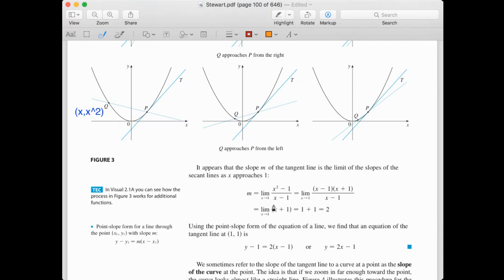We simplify this rational expression function, so we get x plus 1. Now we have no problem plugging in. So if x is 1, 1 plus 1 gets a 2. So the slope at this point P is 2.